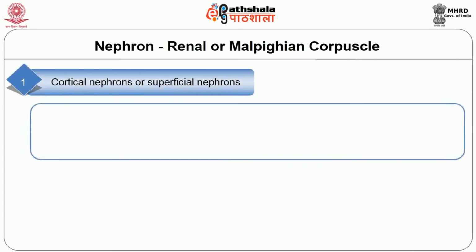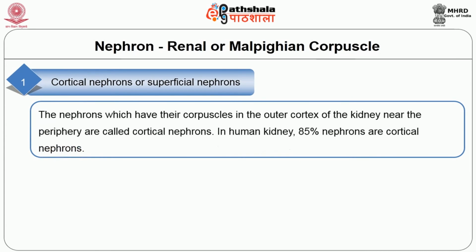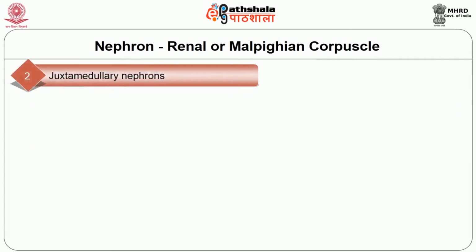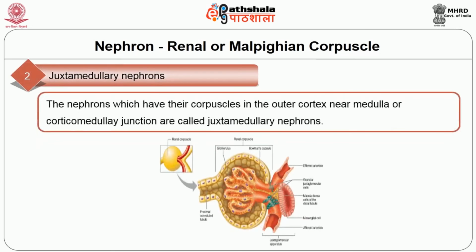The cortical nephrons have their corpuscles in the outer cortex of the kidney near the periphery. In the human kidney, 85% of nephrons are cortical nephrons. The nephrons which have their corpuscles in the outer cortex near the medulla or corticomedullary junction are the juxtamedullary nephrons.